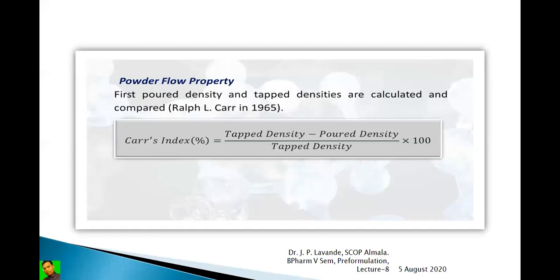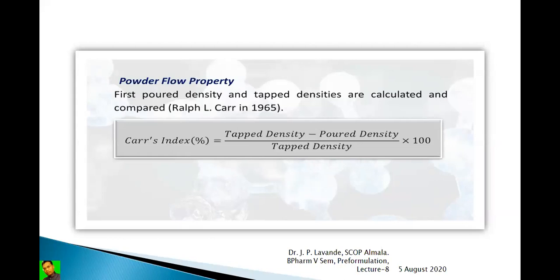Now, why are these important? We are onto the flow properties, and which parameters will determine the flow properties of any powdered material? It is said that particularly the Carr's index is the indicator to express the flow properties of the powdered material.